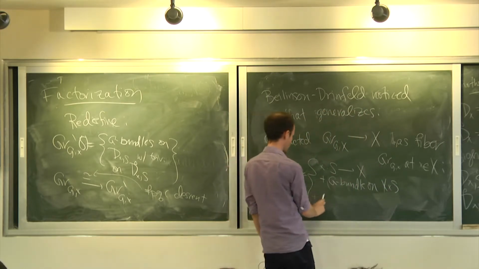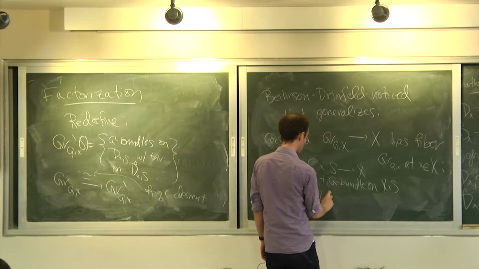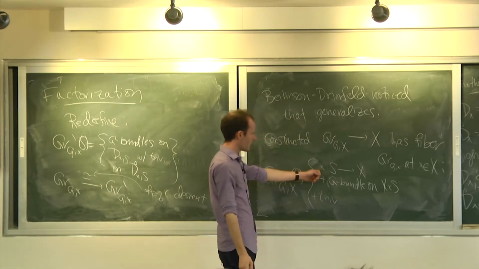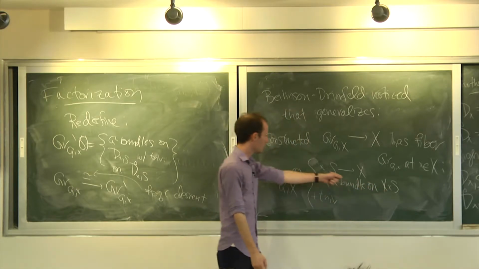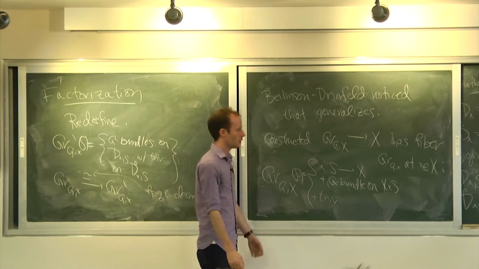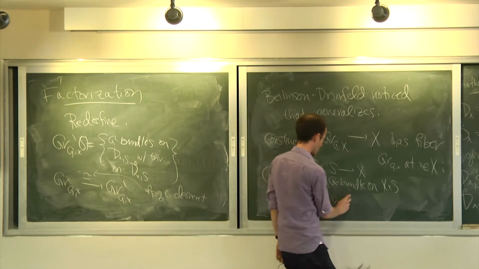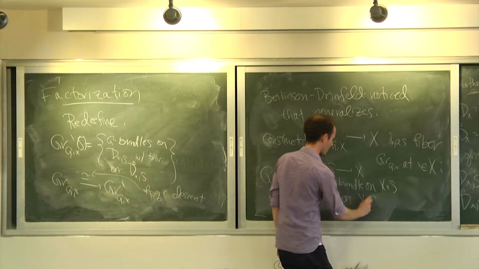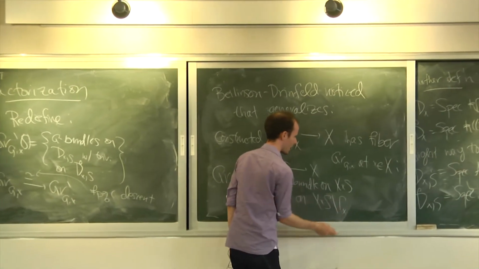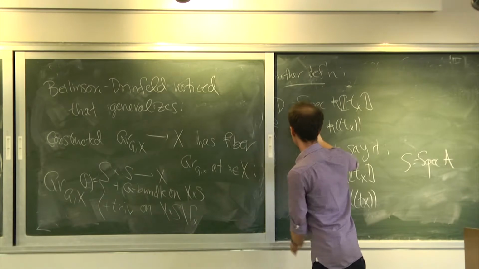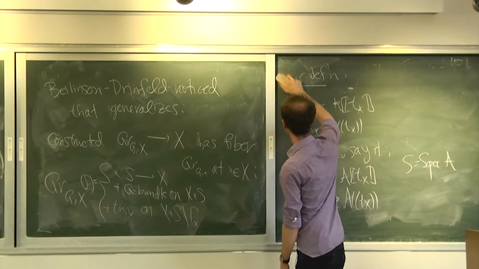And then what we want is to say a trivialization of this G-bundle on X cross S away from the point x. So what does that mean as the point varies? That means a trivialization on X cross S minus gamma x, where gamma x is the graph of the map x.